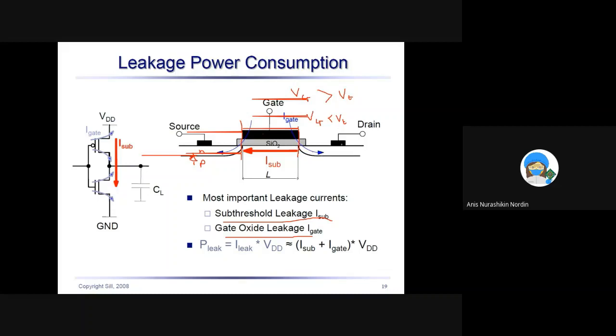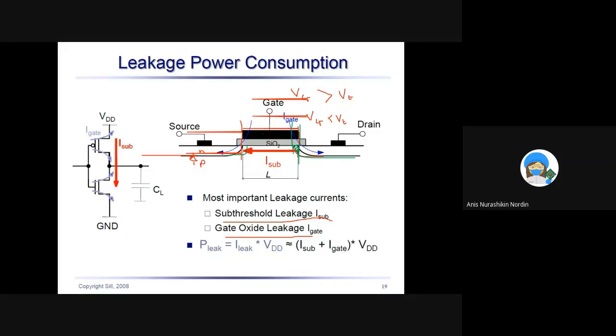When you bombard the ions, the drain might go a bit more like this, and even your source might be like this. Because you're doing ion implantation, sometimes the ions move a little bit. The process is not perfect. So there is an overlap between the gate and drain, this area.